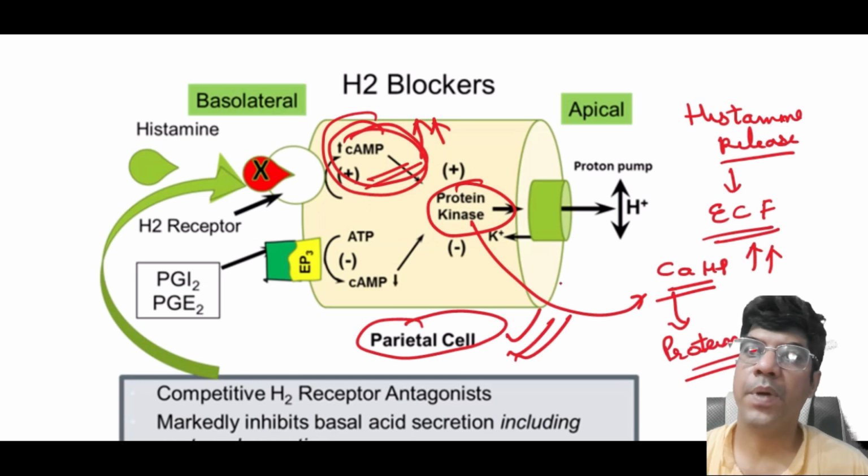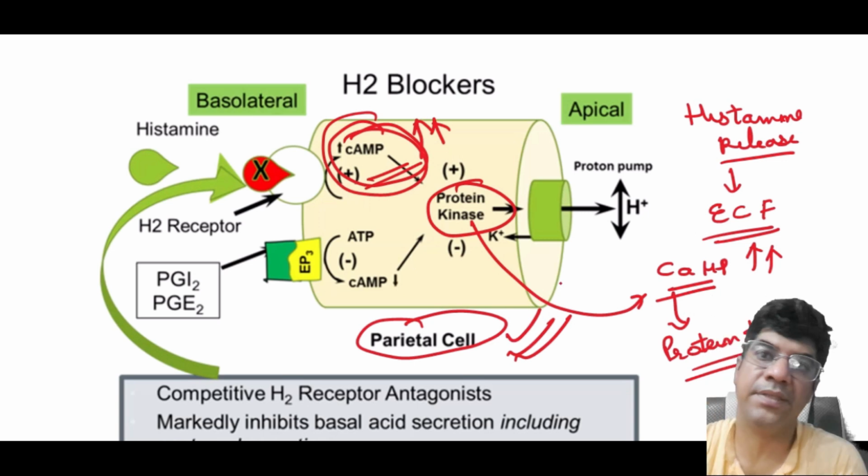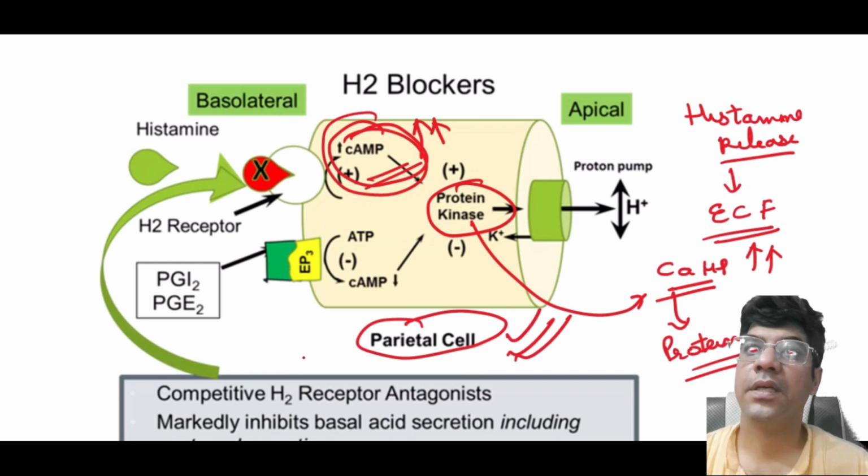So the proton pump exchanges potassium ions from the stomach lumen with the hydrogen ions from the parietal cells, that leads to secretion of HCl into the stomach.